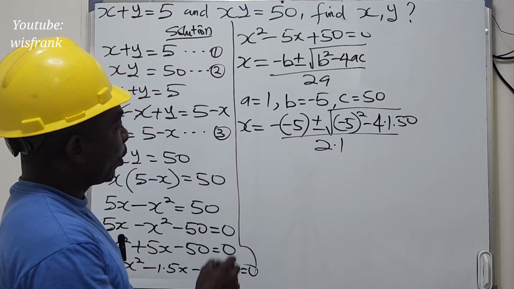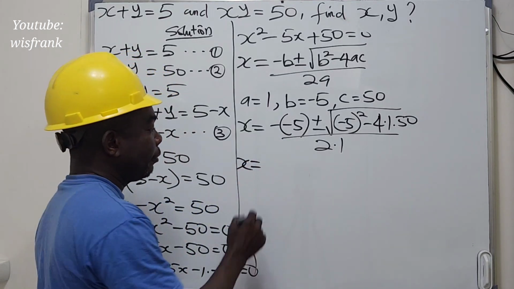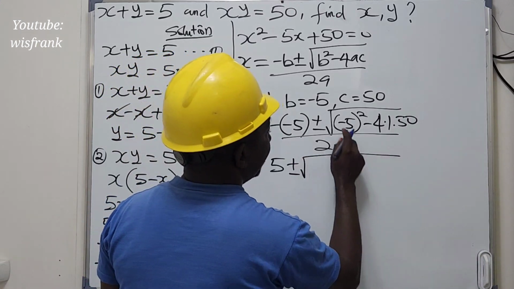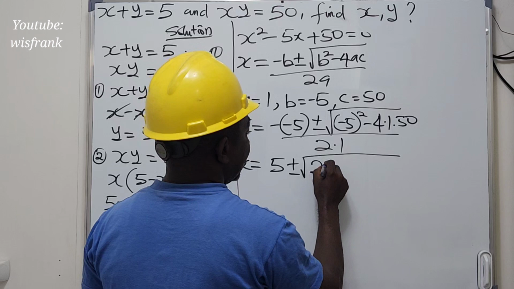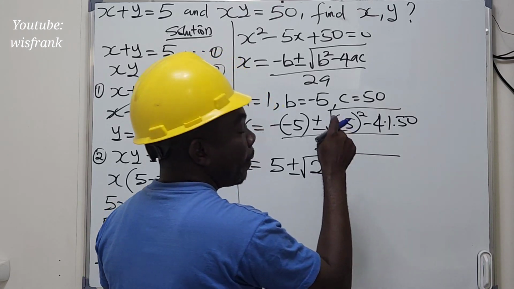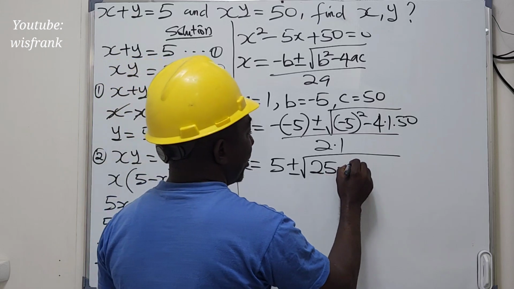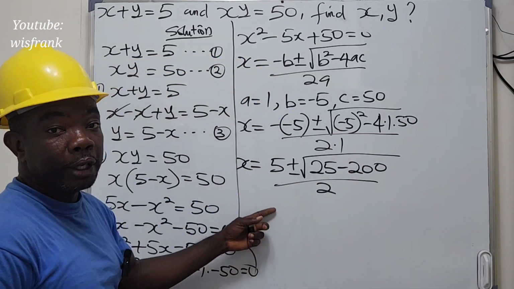So from here, we have our x equals minus times minus 5 will give us 5. Then plus or minus square root of minus 5 to the power of 2, which is 25, then minus 4 times 1 times 50 will give us minus 200, all over 2. 2 times 1 is 2.